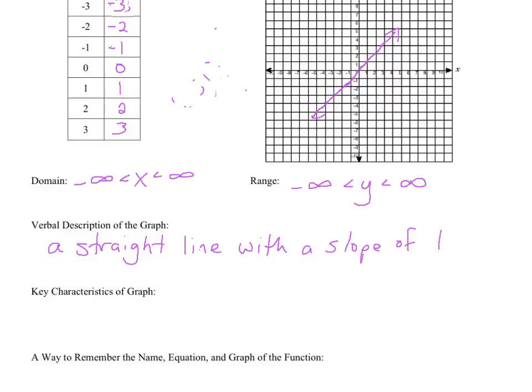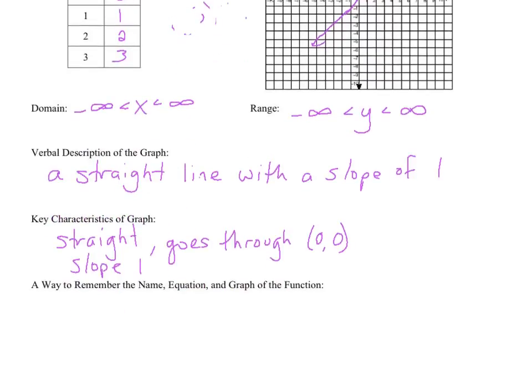Some key characteristics of this graph would be, it's straight. It goes through 0, 0. That's its origin. Slope of 1, which I already said.